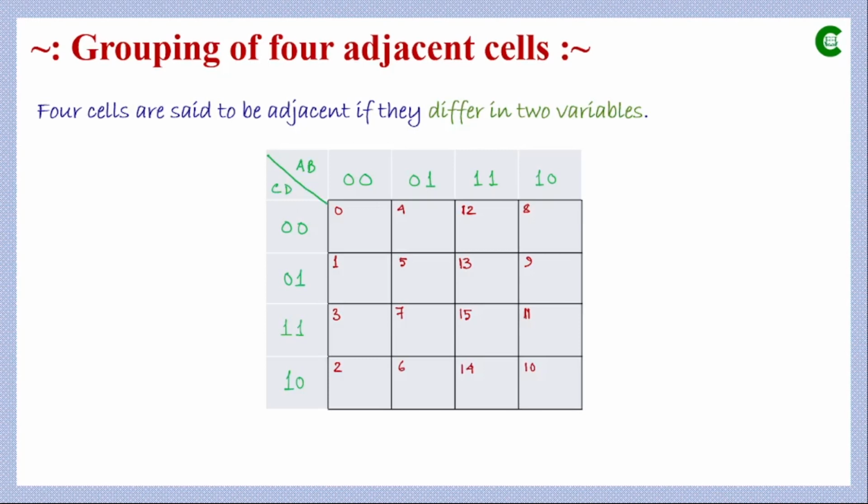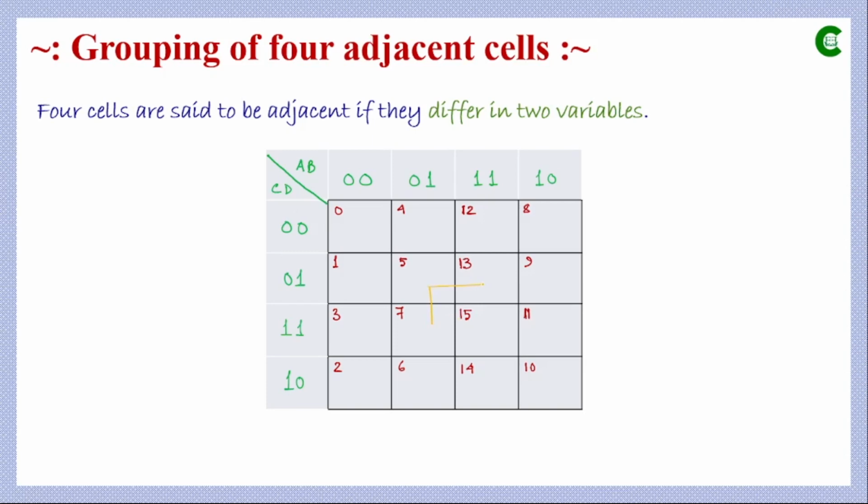Now again we will learn the grouping of 4 adjacent cells, but this time for a K-map having 4 variables. This is the K-map that we are already aware of, and this time I will not talk about all the groups which are possible horizontally or vertically. I will talk only about the special groups. Between 5, 7, 13 and 15, if we evaluate the changes, we will see that changes are only for 2 variables.